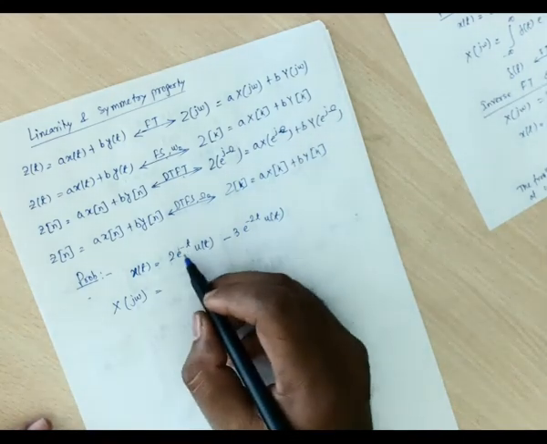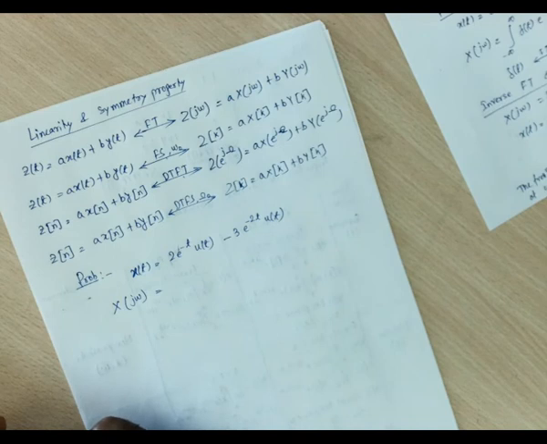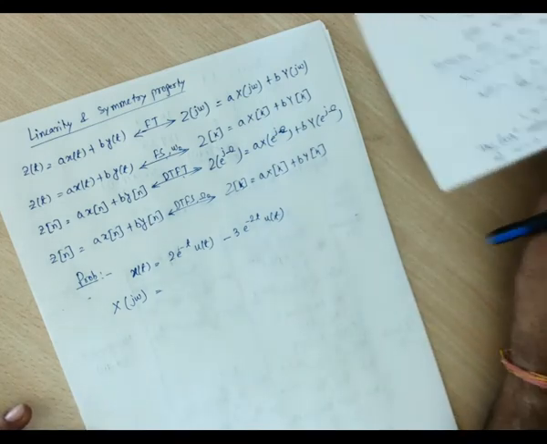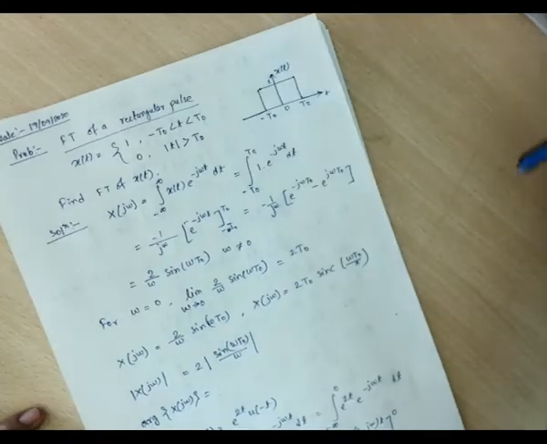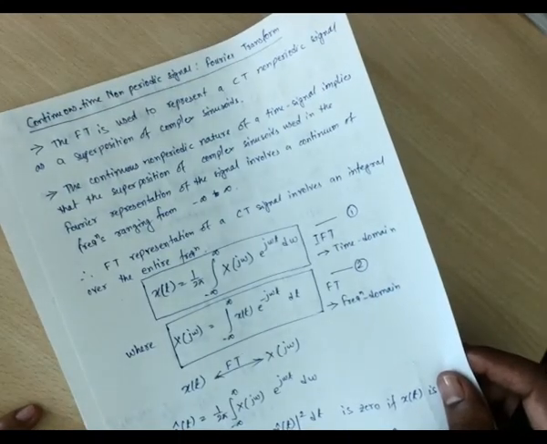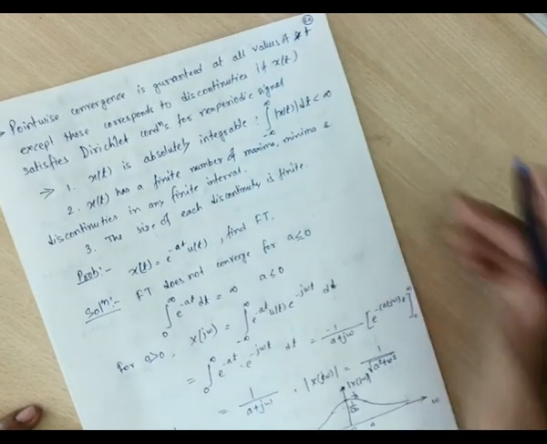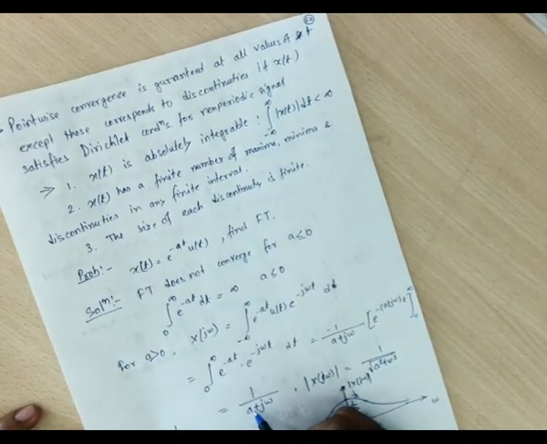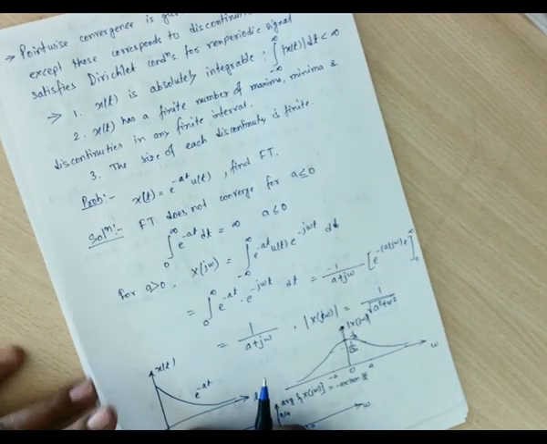So it is e to the power minus a t, if you can remember, this one is 1 by a plus j omega. We did the problem last day most probably. So we have been getting 1 by a plus j omega, right?